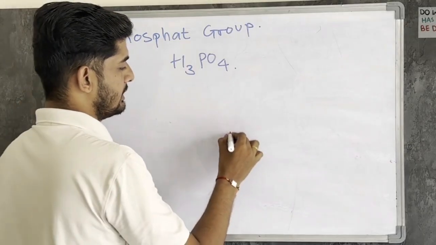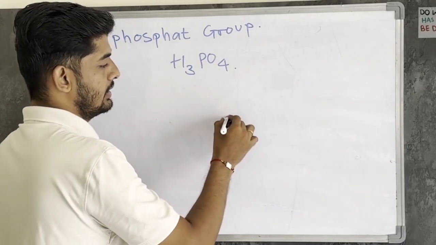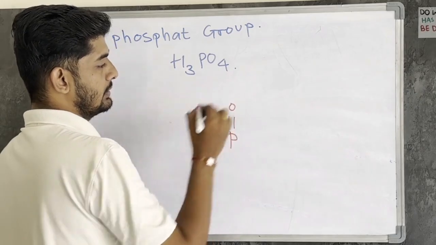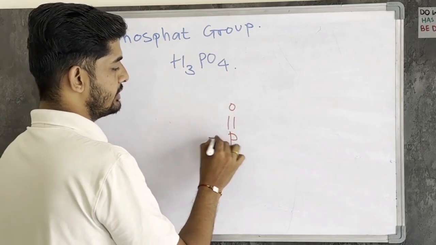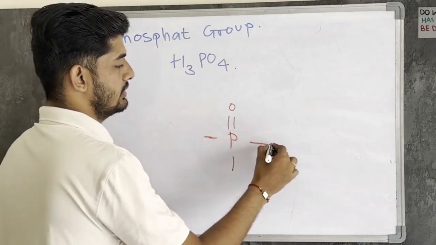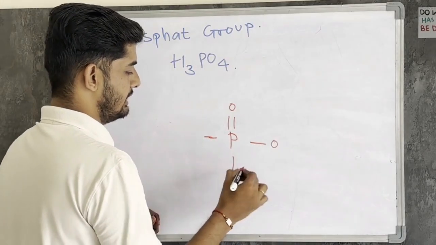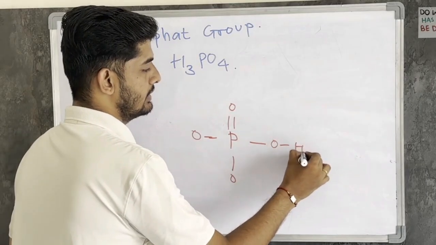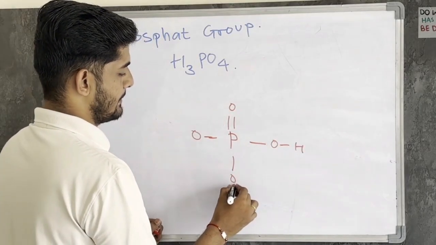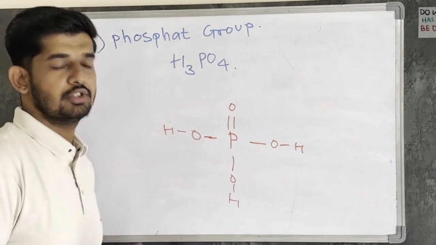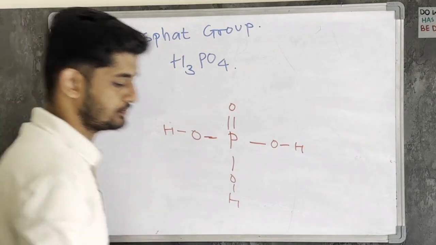Now there are 4 oxygens. One oxygen will be present in the double bond with the phosphorus, and the other 3 valencies out of the 5 valencies will each be satisfied by an oxygen. And on these oxygens, there will be the presence of hydrogen. 3 hydrogens will be present. So this is the simple structure of the phosphate group.